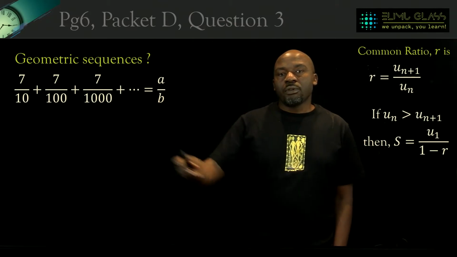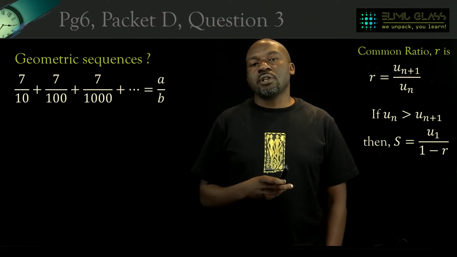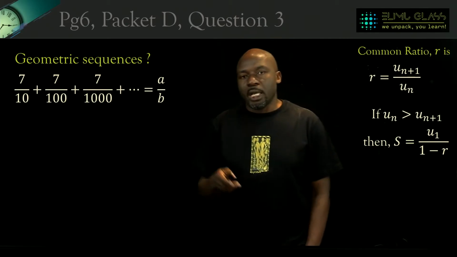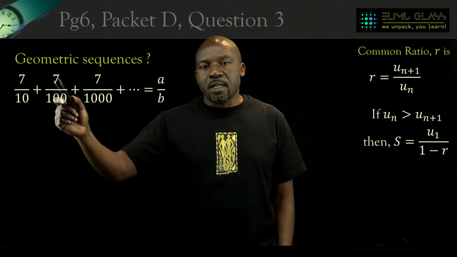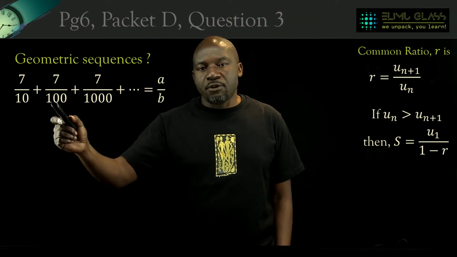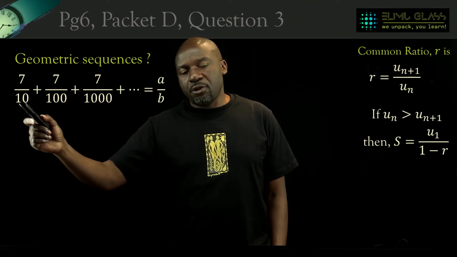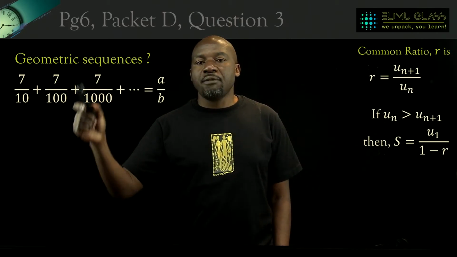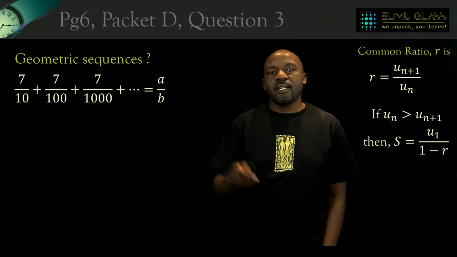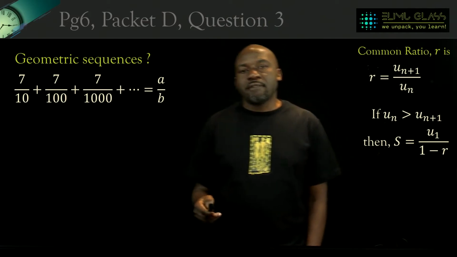Okay? So if you look at this sequence or series carefully, you should notice that it is a GP. If we can show that this term here, 7 over 100 divided by 7 over 10, has the same ratio as 7 over 1000 divided by 7 over 100, then this is a geometric sequence.